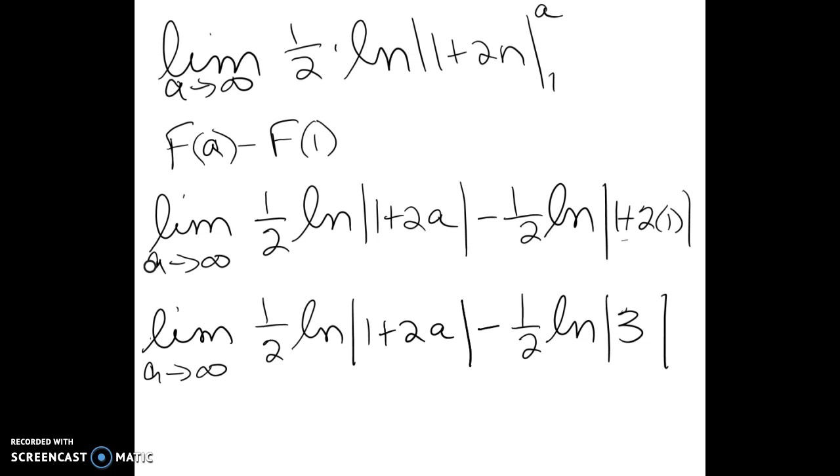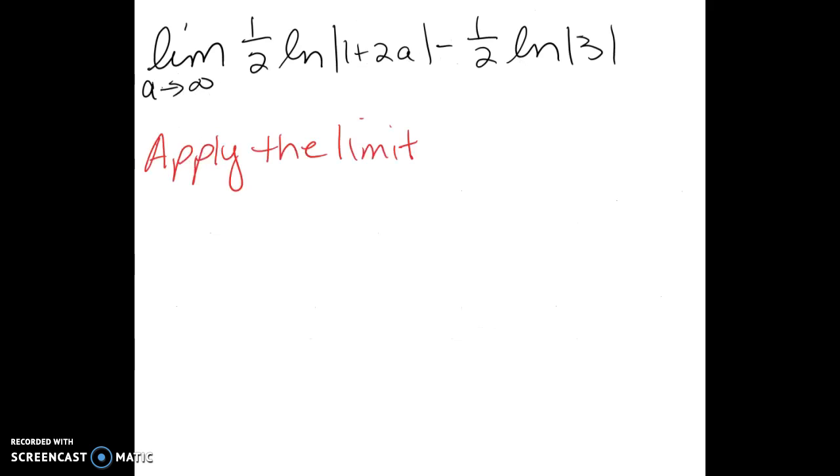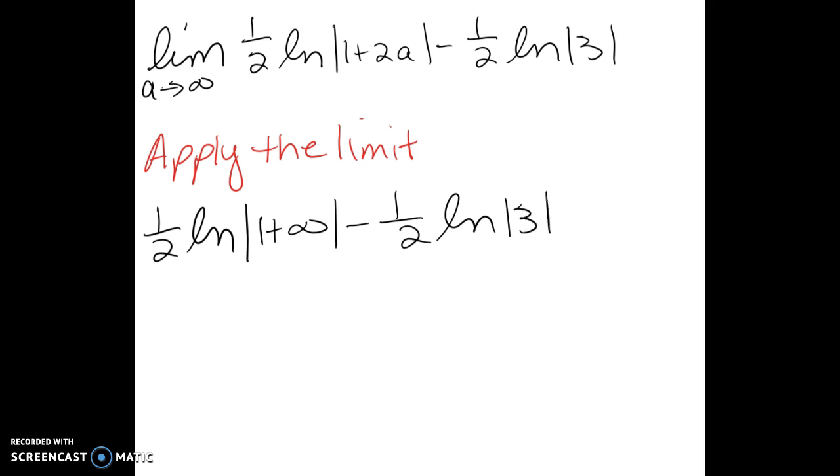Now that we have evaluated, we're going to take the limit. Applying the limit gives me 1/2 natural log of the absolute value of 1 plus 2 times infinity, which is infinity, minus 1/2 natural log of 3. The 1 plus infinity is just infinity.